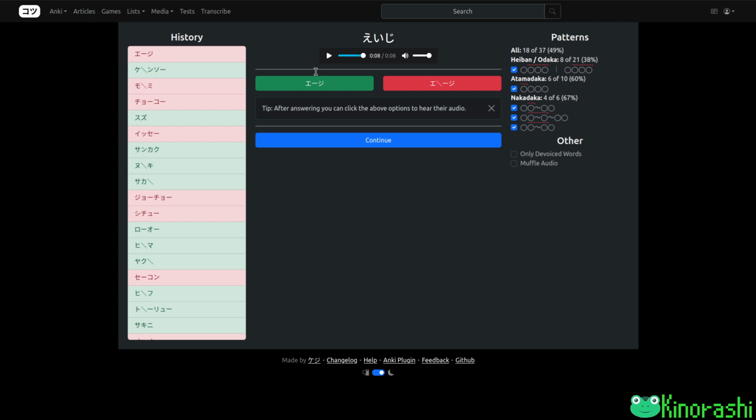Let's see. Kaeri mochi. Kaeri, coming back. Oh, I may have actually had wrong grammar with that then. Okay. Yeah, I think I was saying, if I remember correctly, it was kaeri mochi.